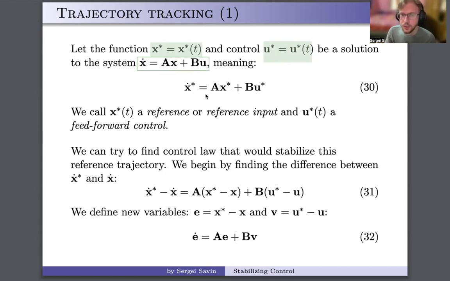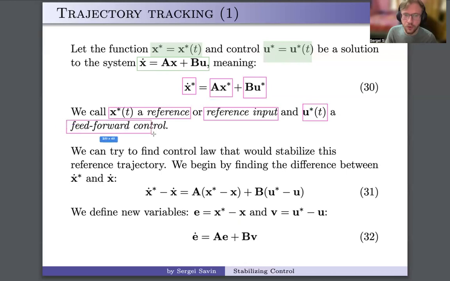What does it mean to be a solution? It means that x dot star is equal to Ax star plus Bu star, right? So we substitute them into the equation, we get an equality. So we call such x star a reference or reference input, right? And u star is called feed-forward control, right? So those are the names.